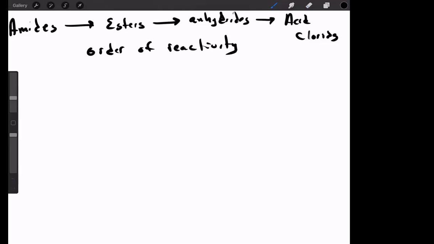Let me try. I have no idea how I made that happen. Anyway, this is the order of reactivity. Oh my goodness. Chlorides, chlorides. Okay, there. A little bit of limited embarrassment there.